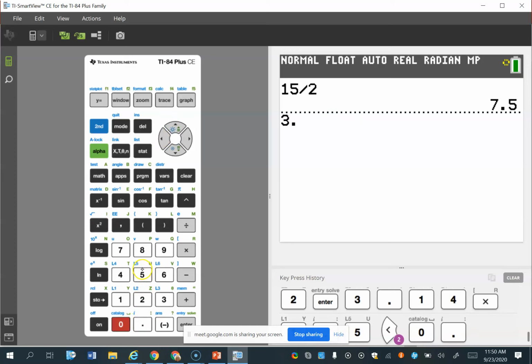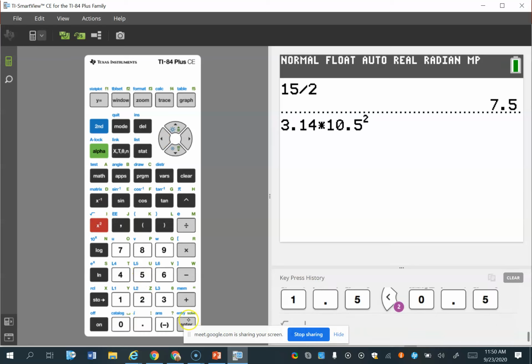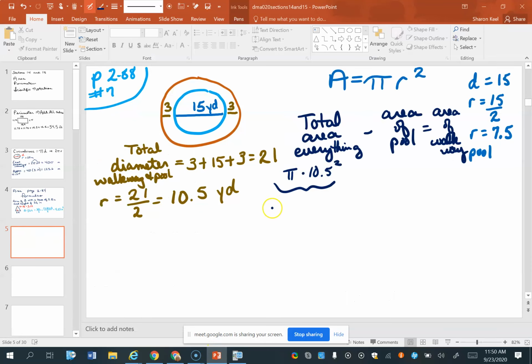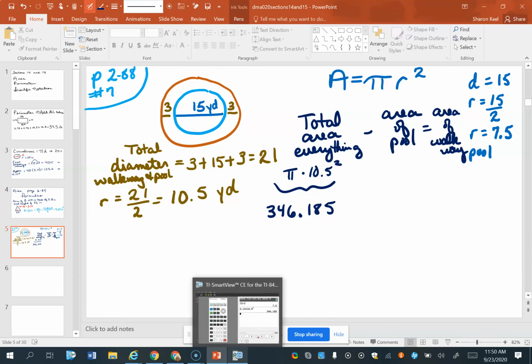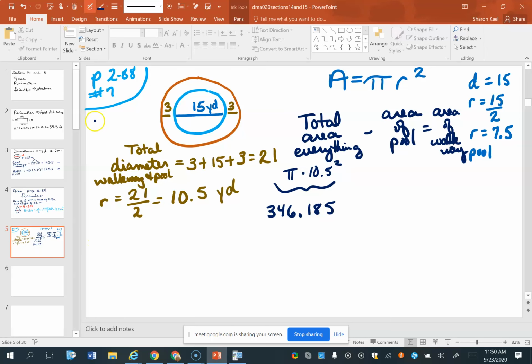Make sure it's squared. That will give us 346 and 185 thousandths. And let me make note here, pi, we're going to use 3.14. That answer we're going to subtract from this area.